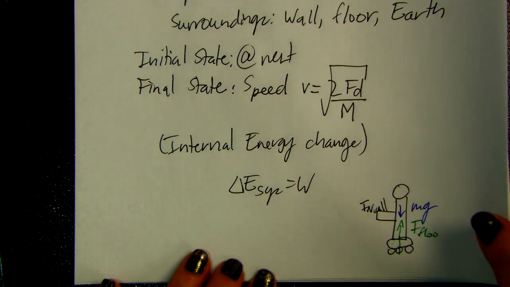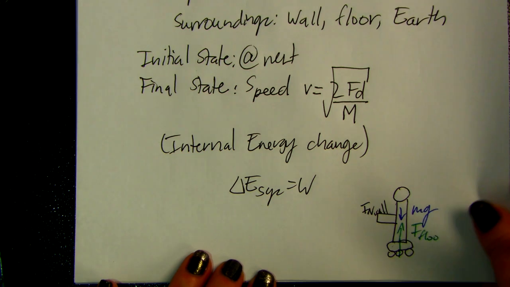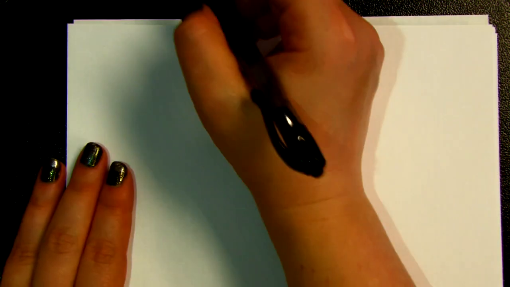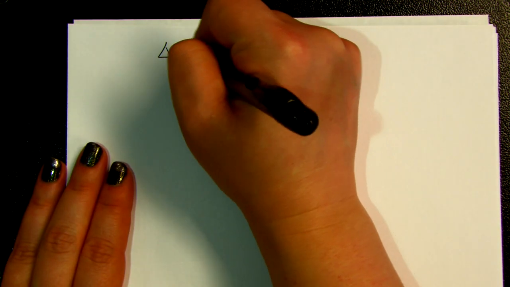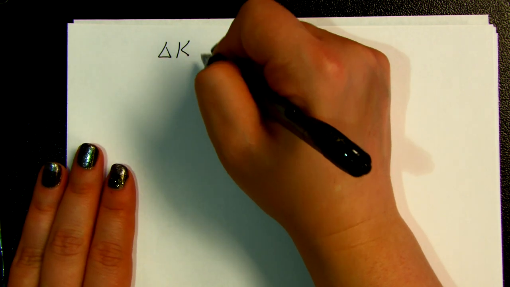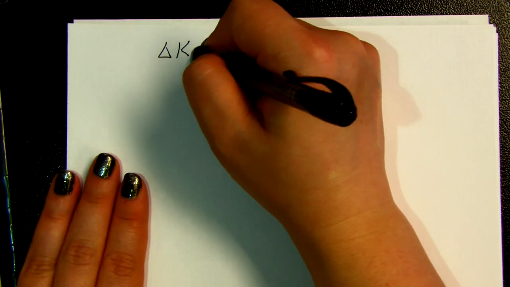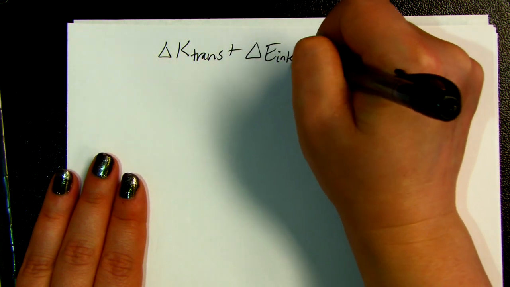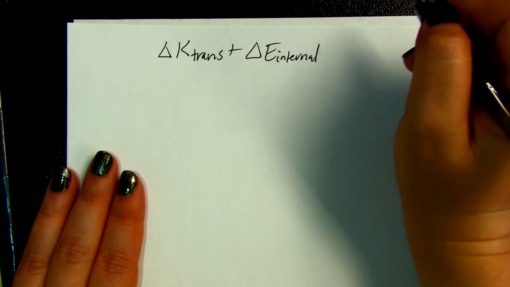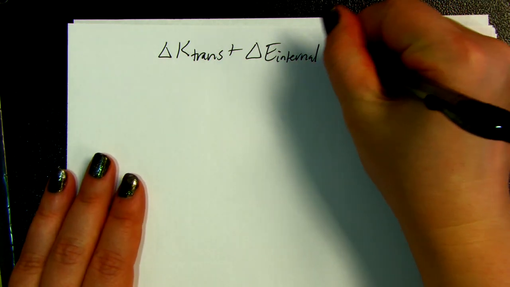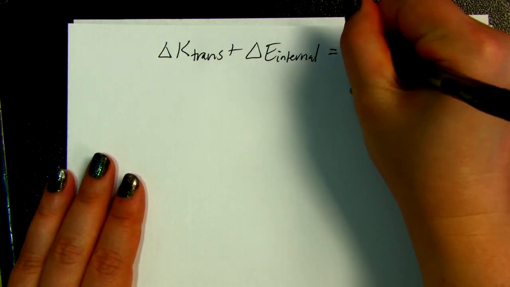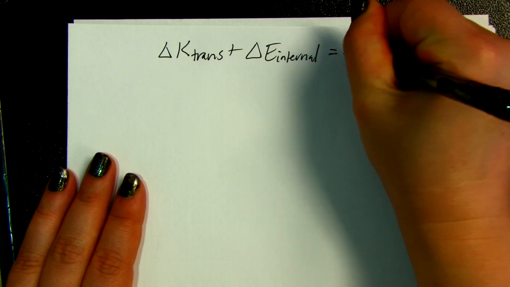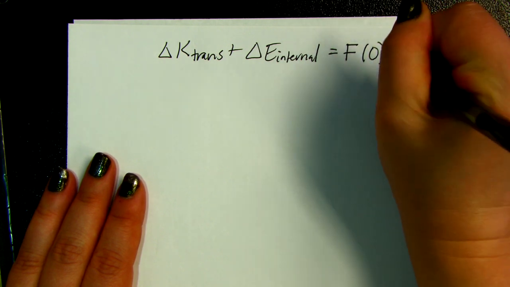Okay, so let's set up the energy principle and expand it out. So we've got the change of translational kinetic energy plus the change of internal energy. We don't really have rotation. This is going to be equal to force over zero displacement.